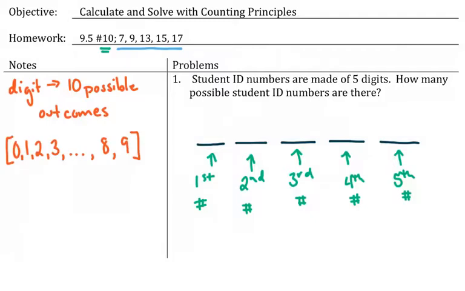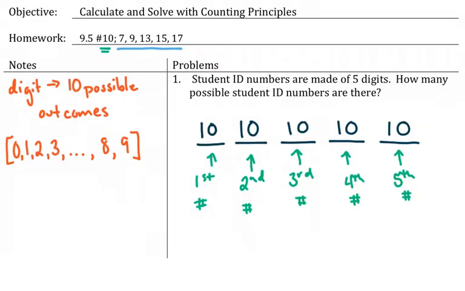So there's 10 possible digits for the first number, 10 for the second, 0 through 9 again, for the third, for the fourth, for the fifth. If this was a letter instead of a digit, there would be 26 possible outcomes, because there are 26 letters, A through Z. So you have to use a little bit of logic here.